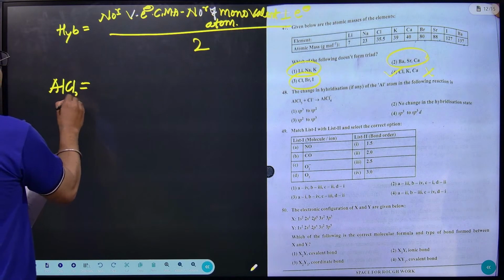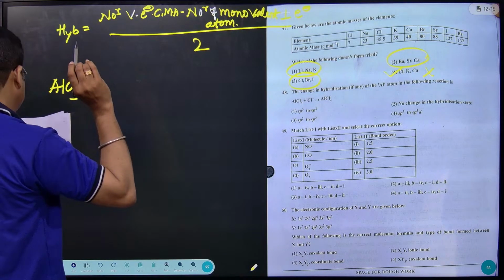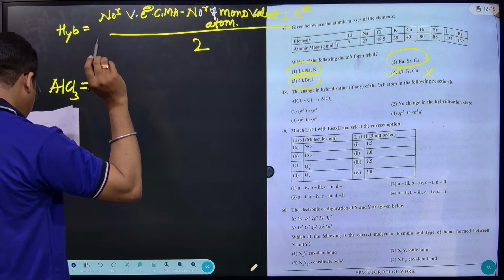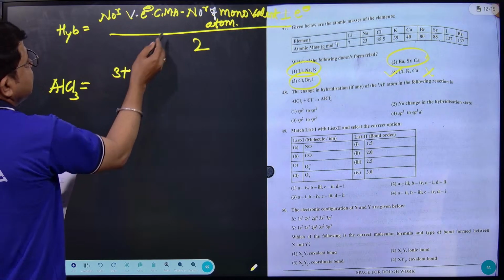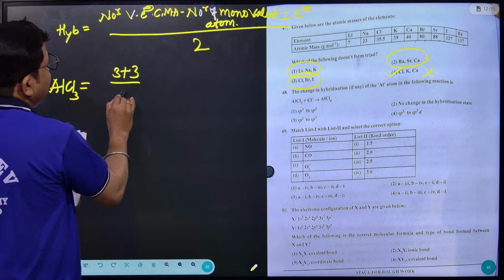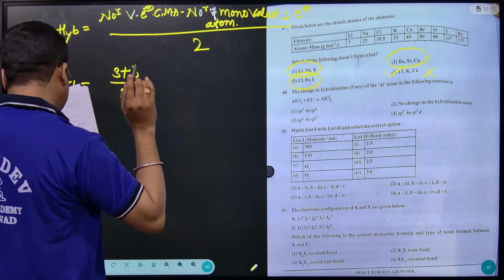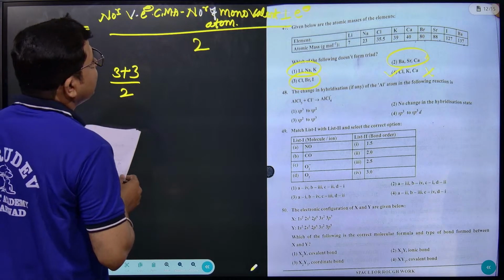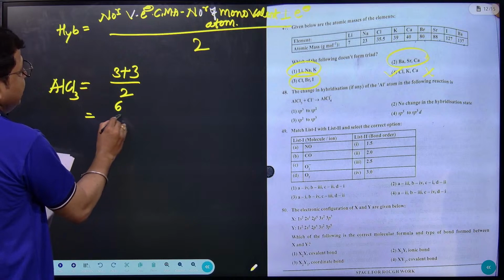First, Al in AlCl3. Look here, in AlCl3 the hybridization is equal to the number of valence electrons, 3, plus the number of monovalent atoms, that is 3, divided by 2. That is 3 plus 3, 6, divided by 2.